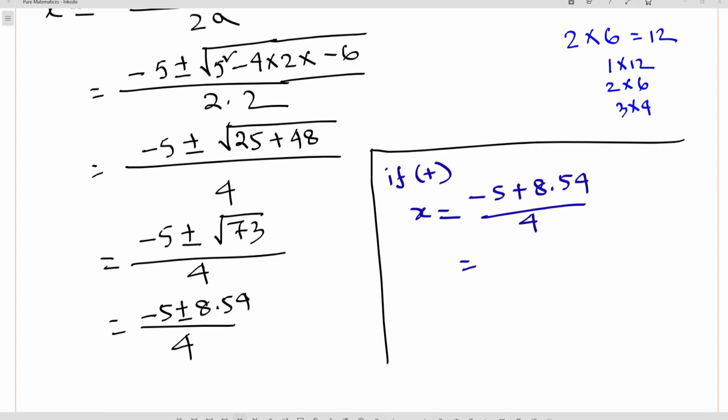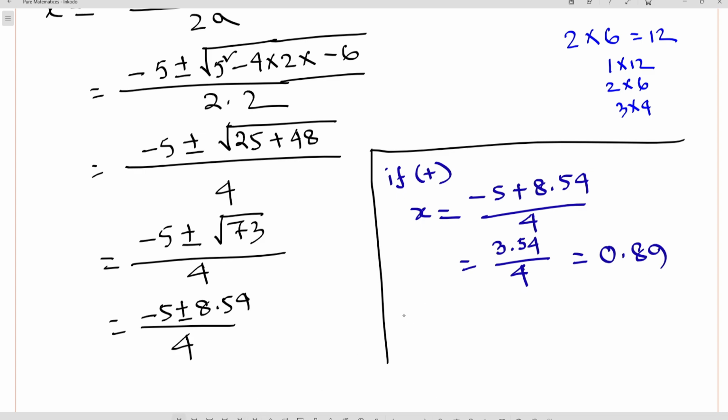So it will be 3.54 divided by 4, right? 3.54 divided by 4 will be 0.885. We can write 0.89. That's one part.